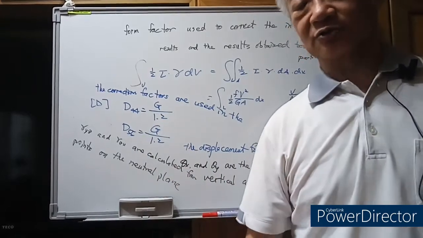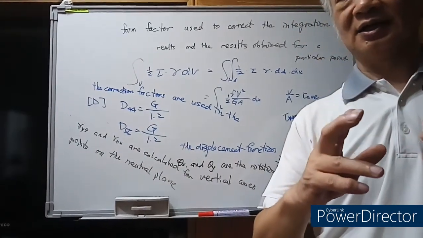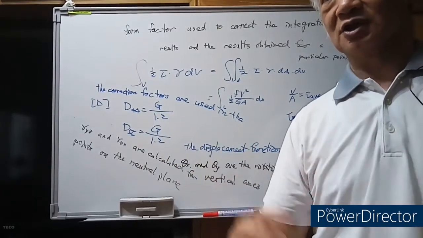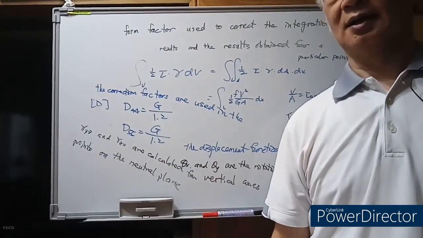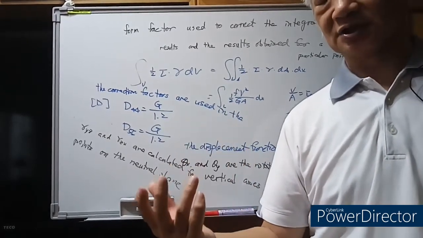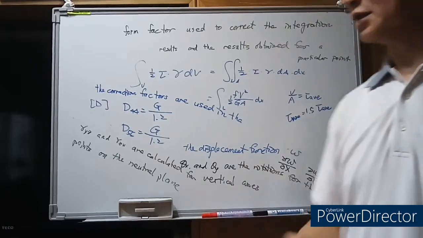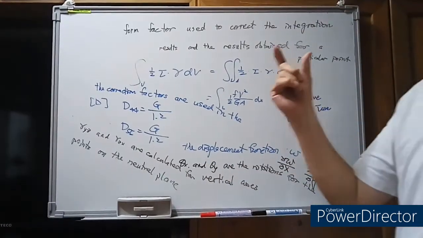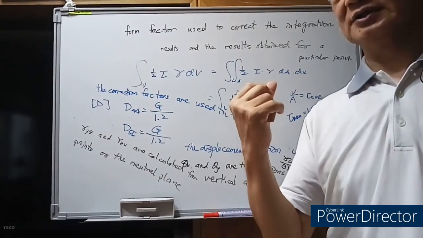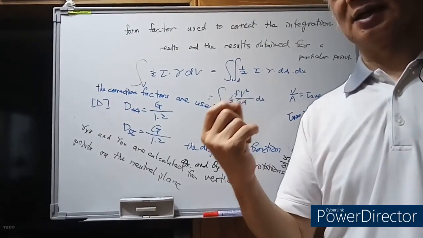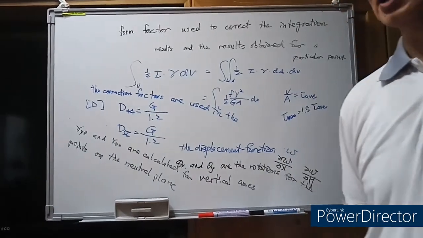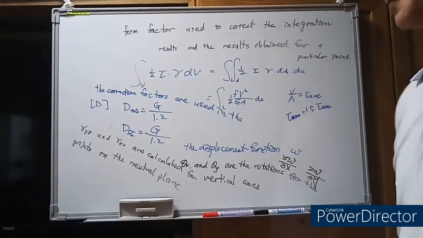Remember, these two correction factors are obtained if we compare the accurate results from accurate integration with the shear strains calculated only for the point on the neutral plane. Okay, so these two are the correction factors.